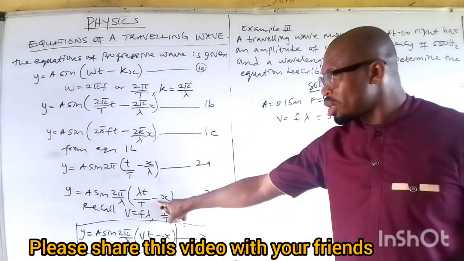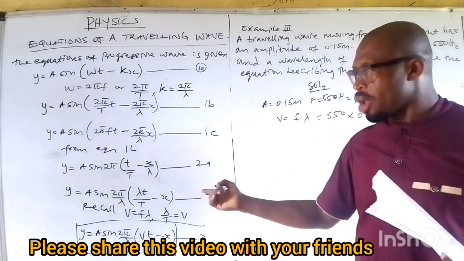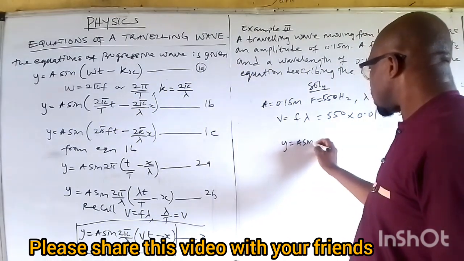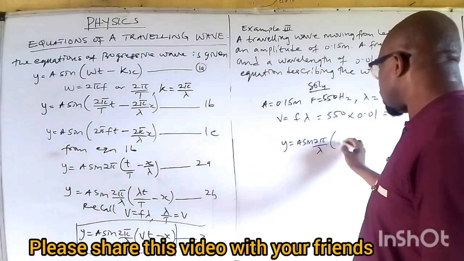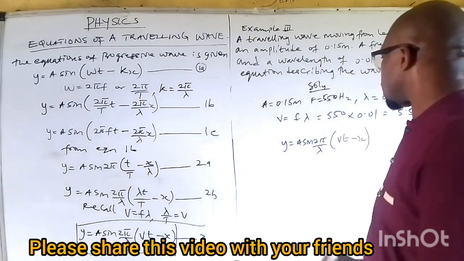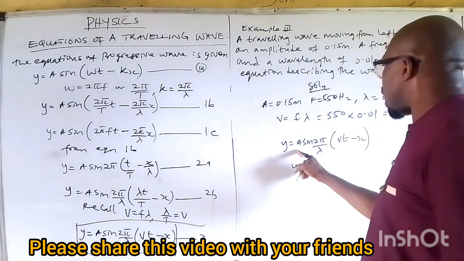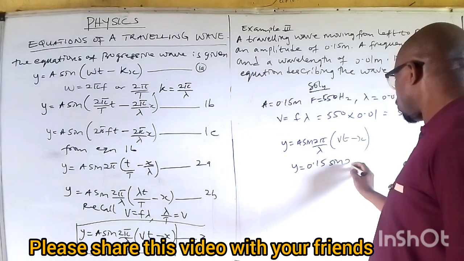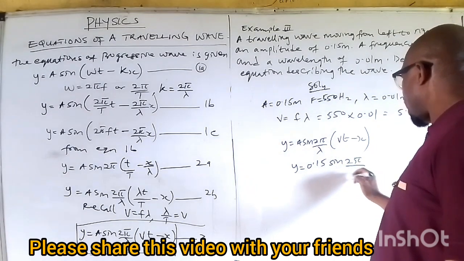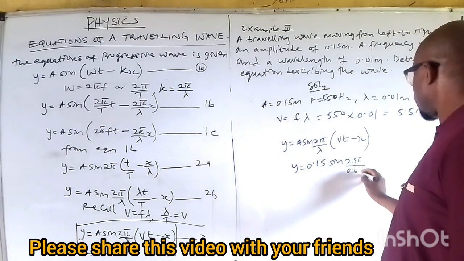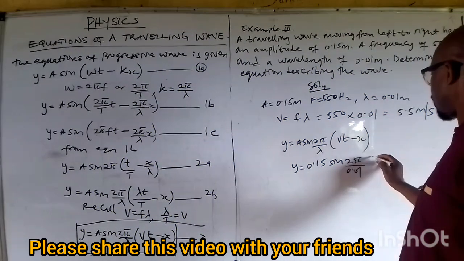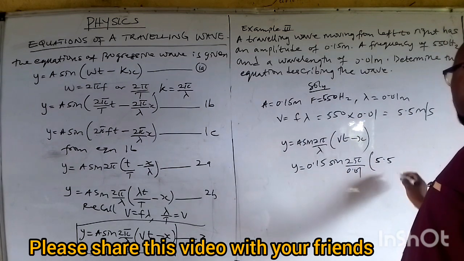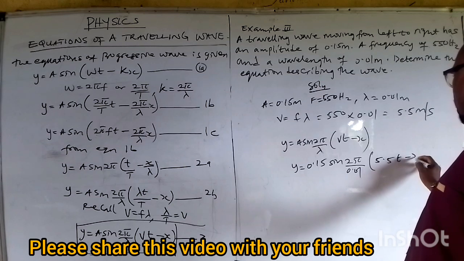Remember, this minus shows a wave moving from left to right, which will give us y is a sine 2 pi all over lambda into vt minus x. So we now have y equals a, 0.15, times sine 2 pi all over lambda. The lambda there is 0.01, and V here is 5.5, t minus x.